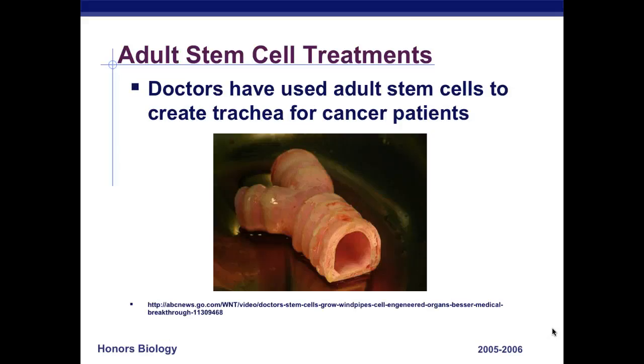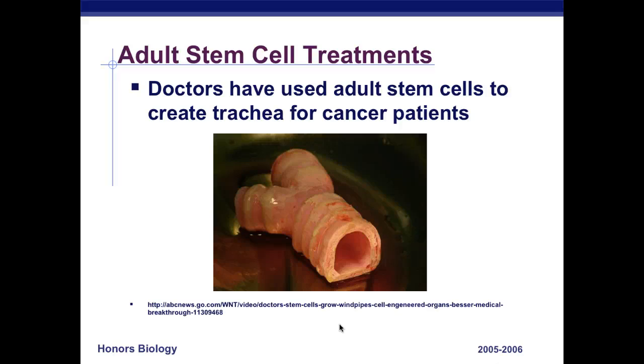So currently in stem cell research, doctors have been using stem cells to create trachea for cancer patients. So what they do is they use a trachea. They wash it, not necessarily with soap and water, but with different detergents to break down any of the connective tissue that belonged to the individual who initially had the trachea in their body.